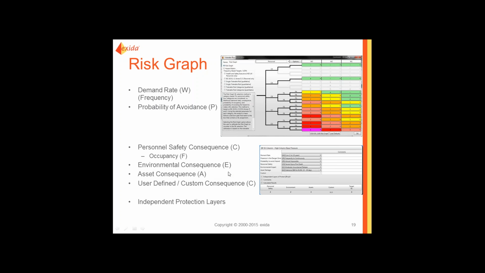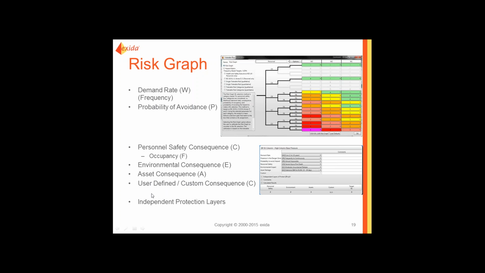And you've got environmental, and you've got asset consequences, so A. And as you can see here, we're looking at personnel in this instance. We always look at the personnel first because that's the highest and the one that we're concerned about the most.